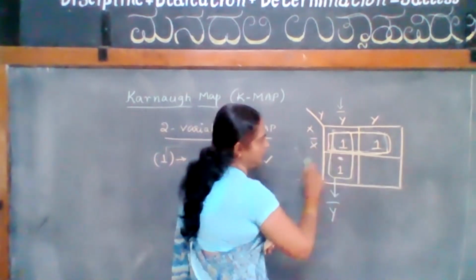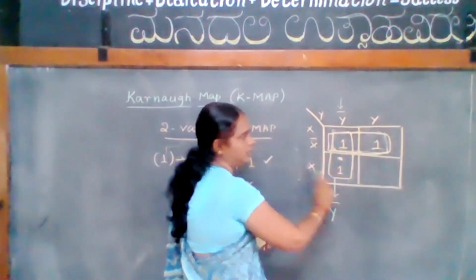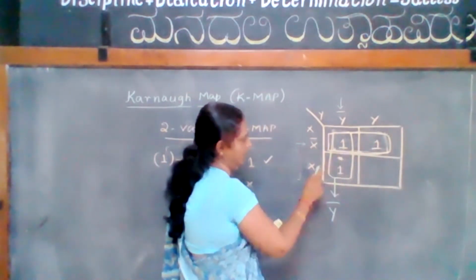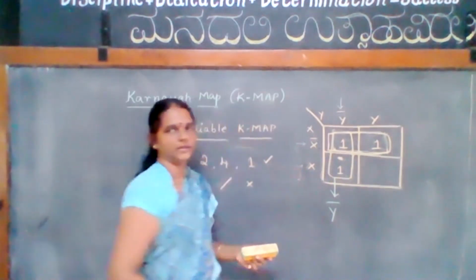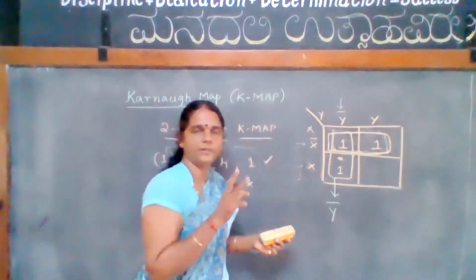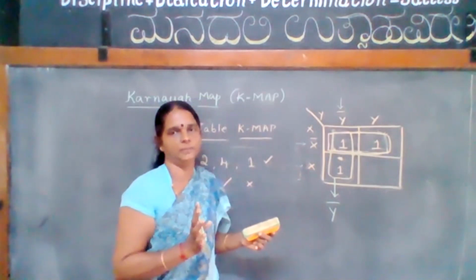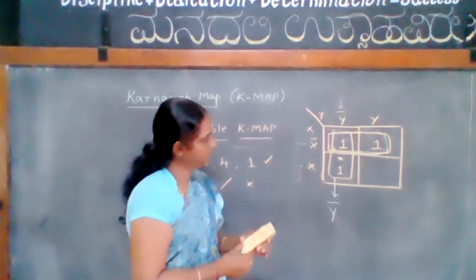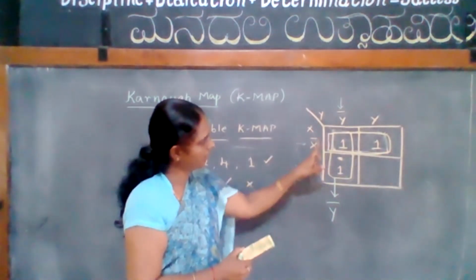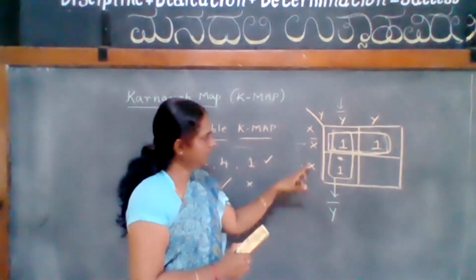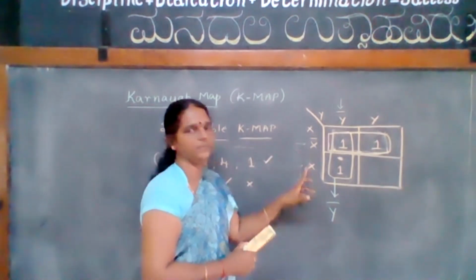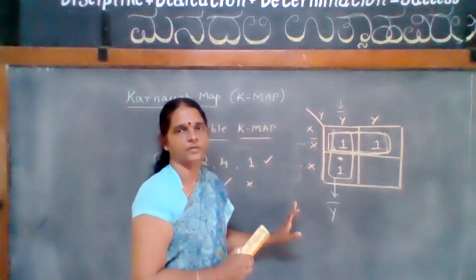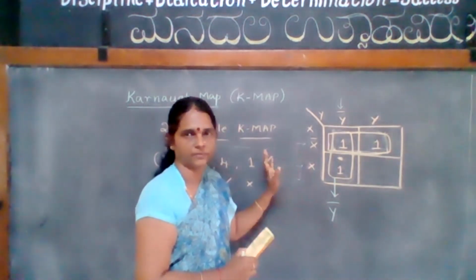Now, in the horizontal direction, we have x dash for this cell and x for this cell. If we have the complement of a variable, then that is to be cancelled. x and x dash are cancelled. If both are x, then we need to write it as x only. We cannot cancel it out.